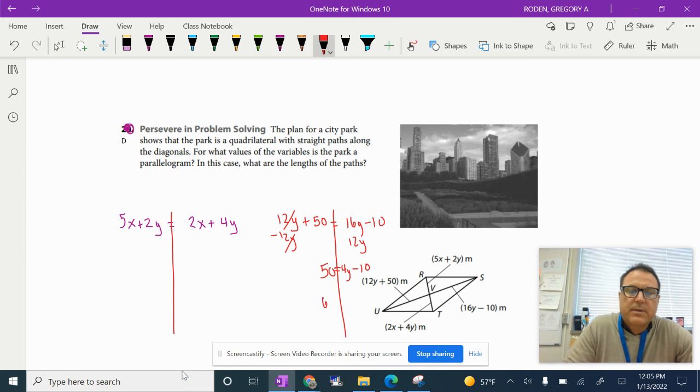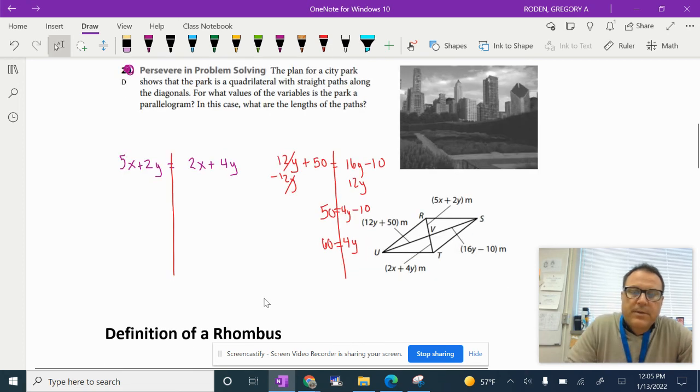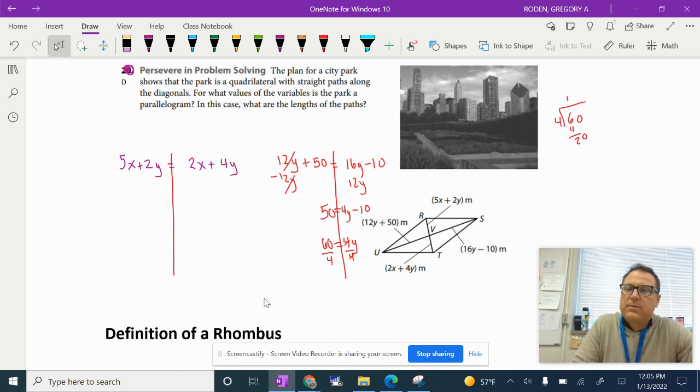So we get 60 equals 4y, right? And then we'll divide both sides by 4. 60 divided by 4. 4 goes into 6 one time, with a remainder of 2. 4 goes into 20 five times. So 15. So I get y equals 15.